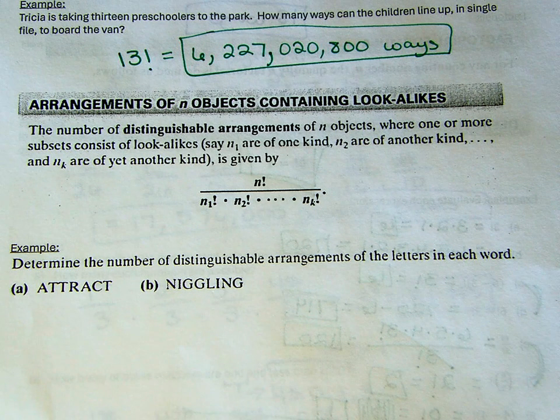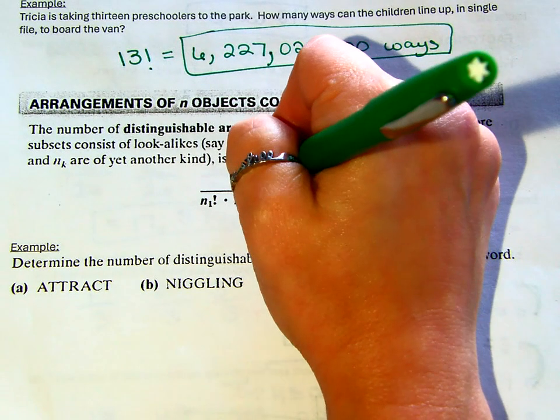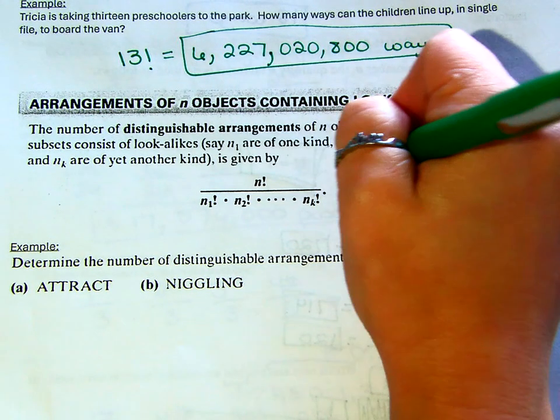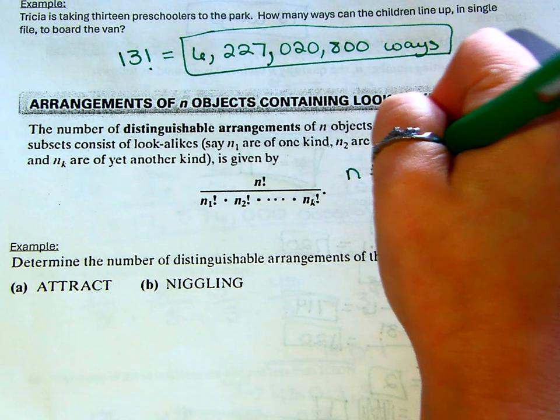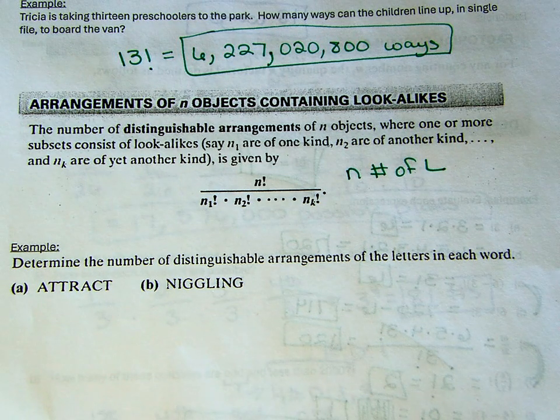And this formula looks weird. But what we're going to do is we're going to have this n factorial. N is going to be the number of letters. And I keep saying the number of letters because we're not going to use this formula outside of anything else except for dealing with how to arrange letters within words. That's the only kind of problem we're going to encounter in this class for it. So n is the number of letters.